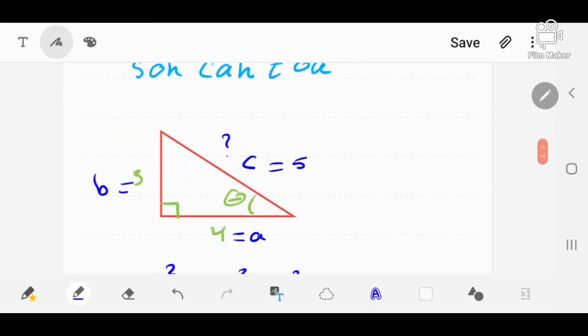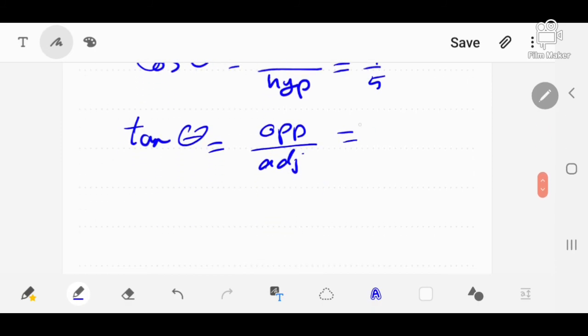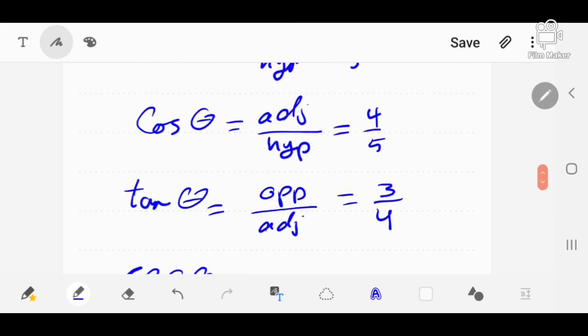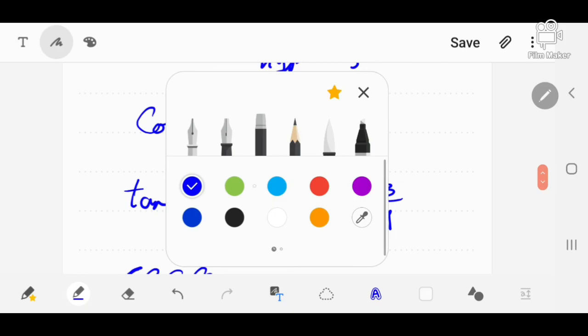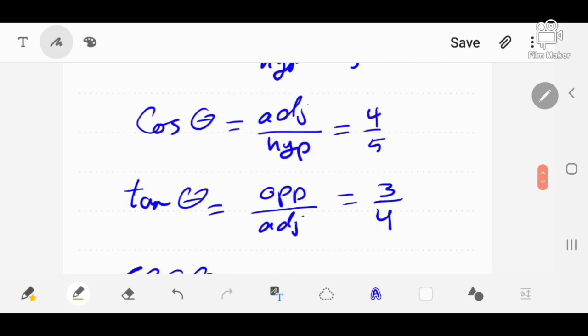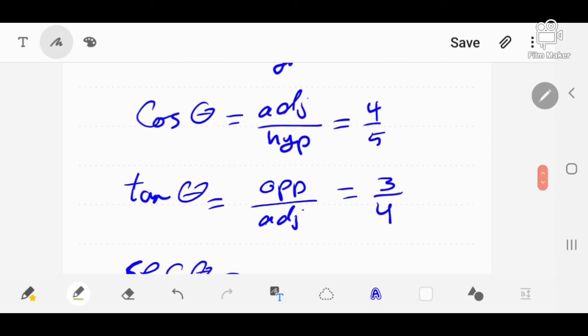What about the reciprocals? I need to find secant theta. As I said, secant starts with s, so it's a reciprocal of what comes with c. So it comes with c here. Cosine, secant. So it's the reciprocal of cosine, which is 5 over 4 immediately.